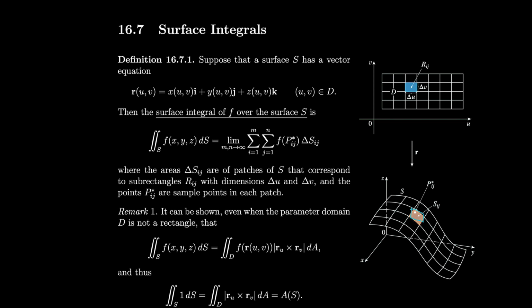So the surface area for each of those patches is these little delta Sij's, and remember that the area of each of those parallelograms was the length of the cross product of the tangent vectors that you make. So that's what we need for our surface area, so that's what our delta Sij's become. And then f of our sample point is just f of r of (u,v).